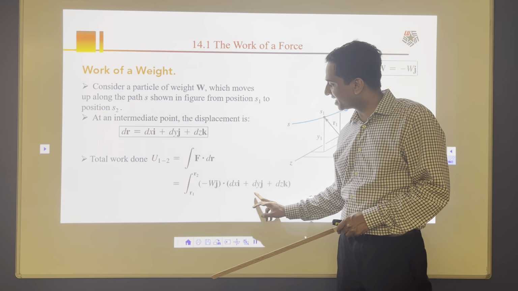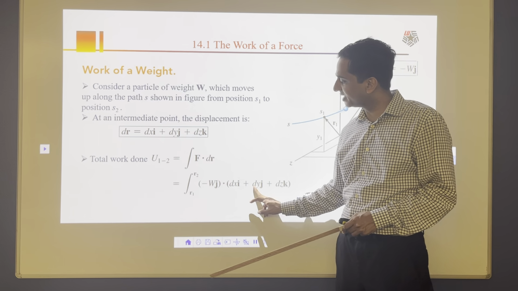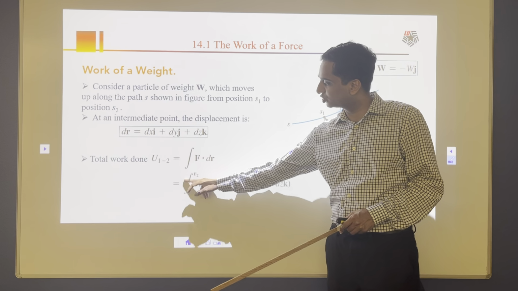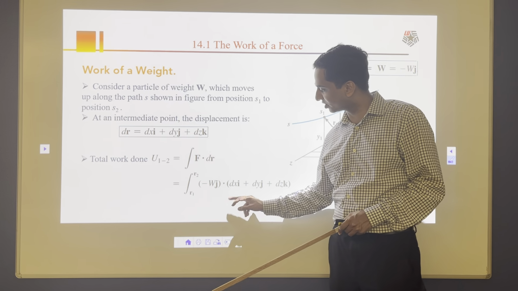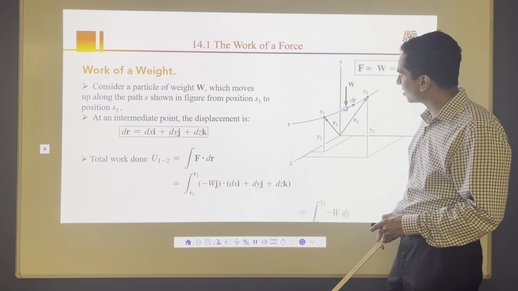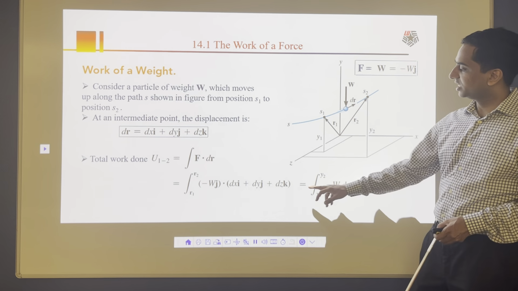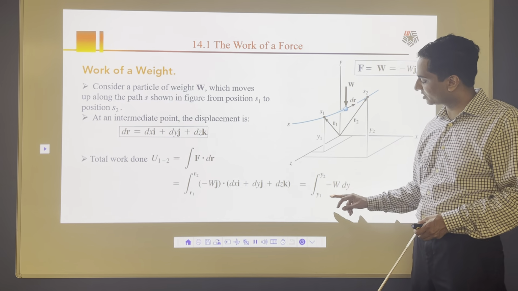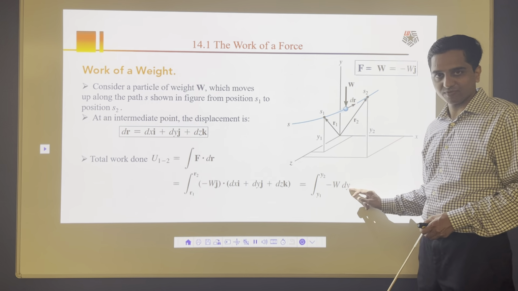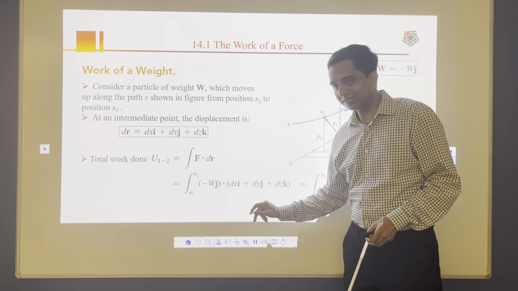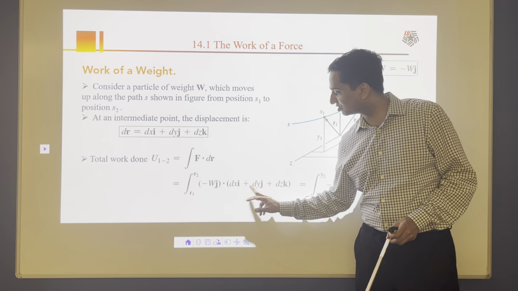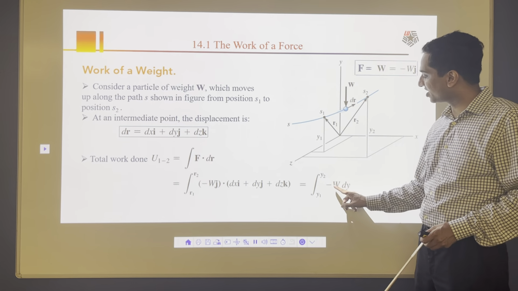So I multiply that, that's W into dy, since j dot j becomes 1, and I change the integration limits from r1 and r2 to y1 and y2, the initial y position and final y position. It looks like this: the integral from y1 to y2 of minus W dy. Why? Because j dot i is 0, j dot k is 0, j dot j is 1.